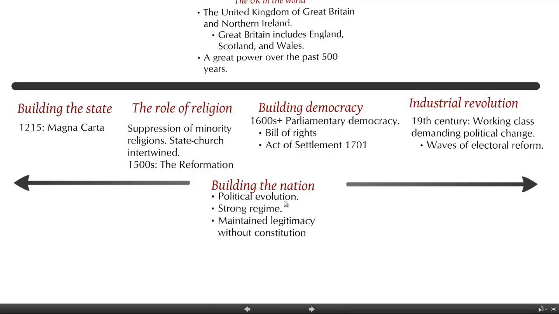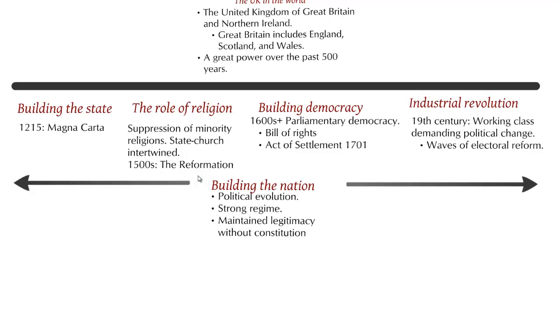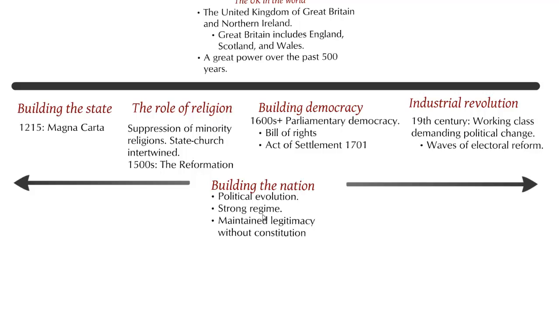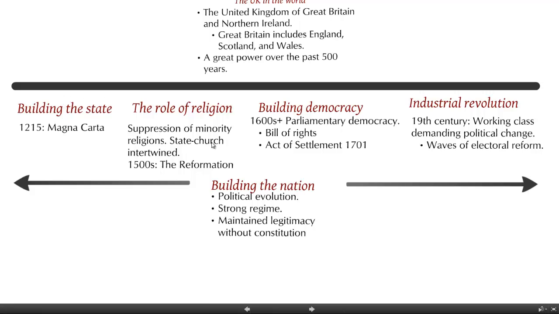It's really, again, a case of political evolution, and even with the conflicts that have at times been quite violent, including, for instance, during the English Civil War in the 1600s, the regime has remained strong, because if you look at the political system, the order of the polity, and the order of governance, it's in many ways an evolution of the order of governance that we see starting out with Magna Carta.